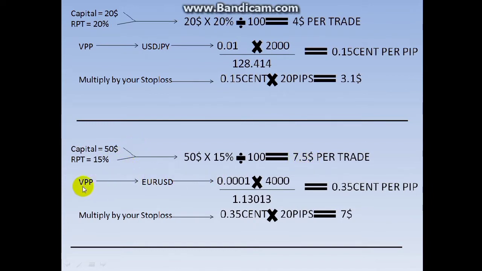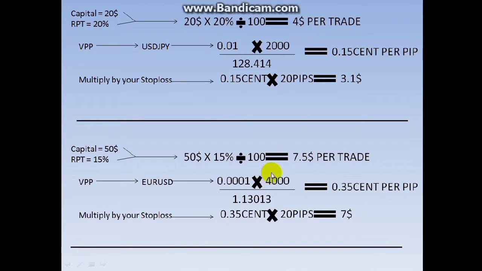Now our value per pip: how to know what each pip costs. The value of each pip gives us our decimal place multiplied by our maximum lot size. The maximum lot size we are using on a $50 capital account is 0.04.